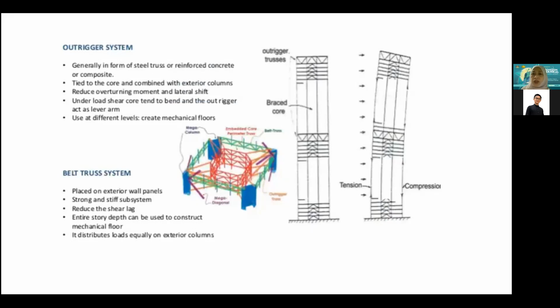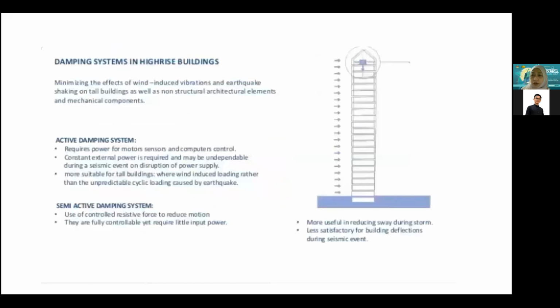The structural engineer will calculate how much compression and tension is needed to cater for the load of the high-rise building, and the damping system in the high-rise building. So when you come across the word damping system, do not be puzzled. This is to minimize the effects of wind.